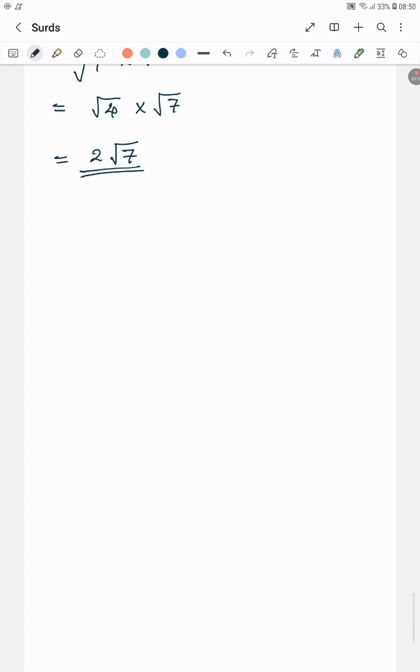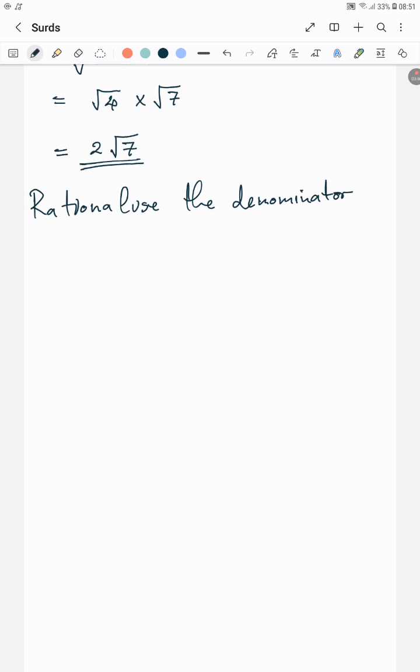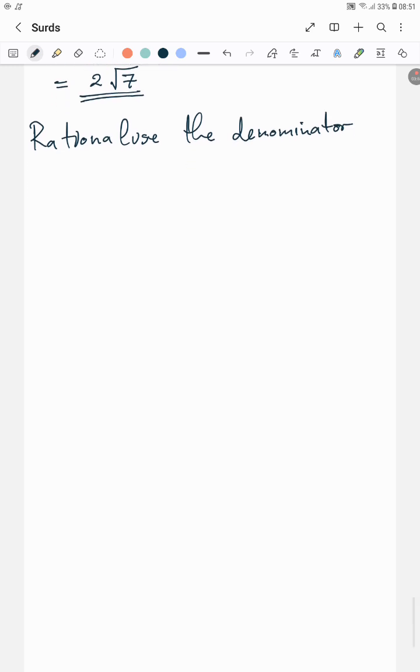So also under surds, we get questions that ask you to rationalize the denominator. In other words, you are being asked to remove the root sign from the denominator.